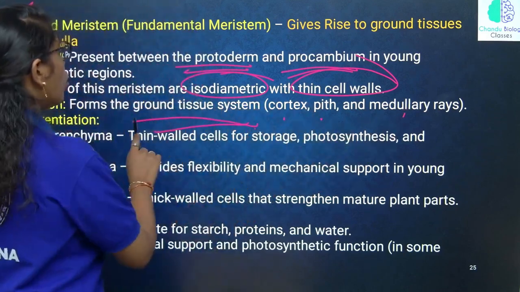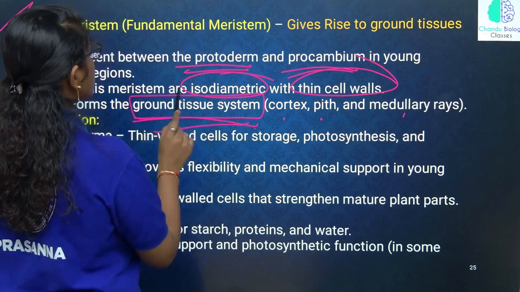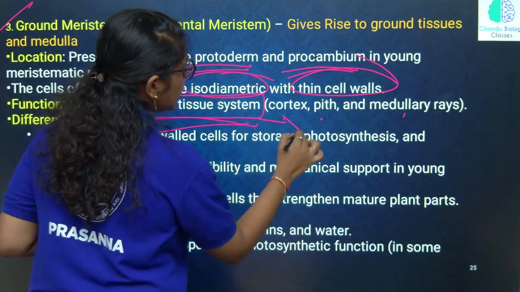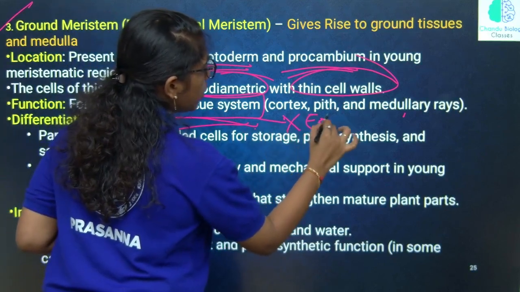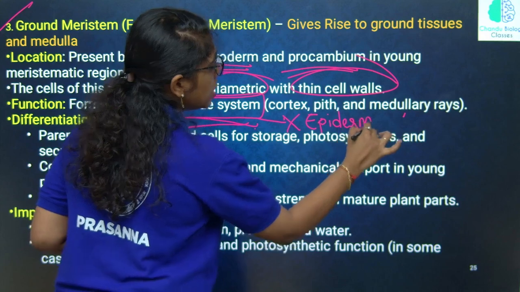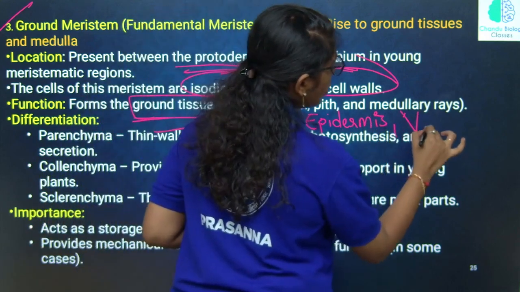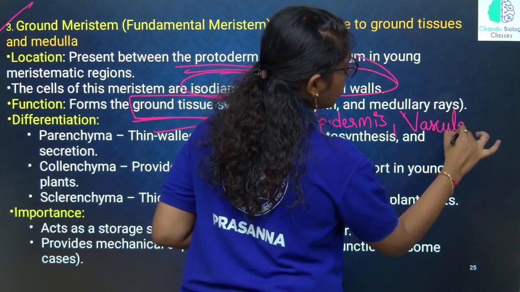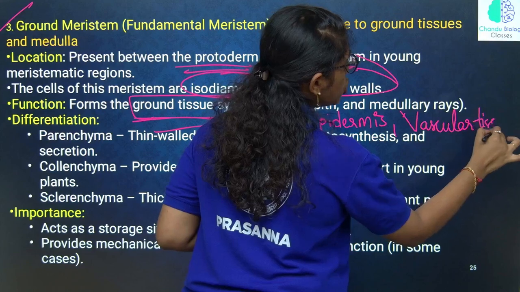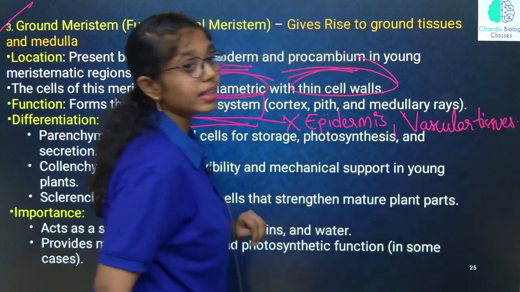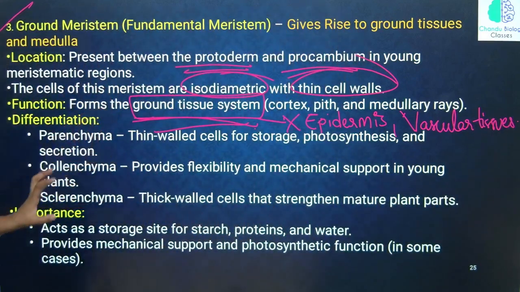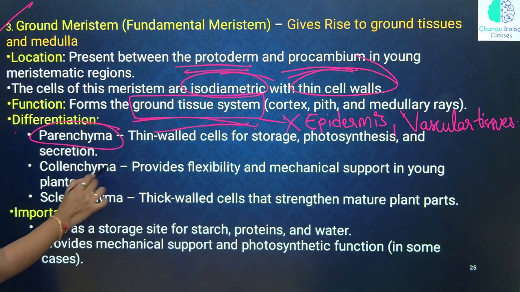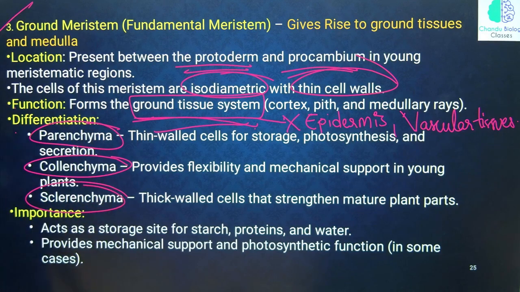To be more clear, the ground tissue system includes all types of cells except epidermis and vascular tissues. Differentiation: parenchyma, collenchyma and sclerenchyma.